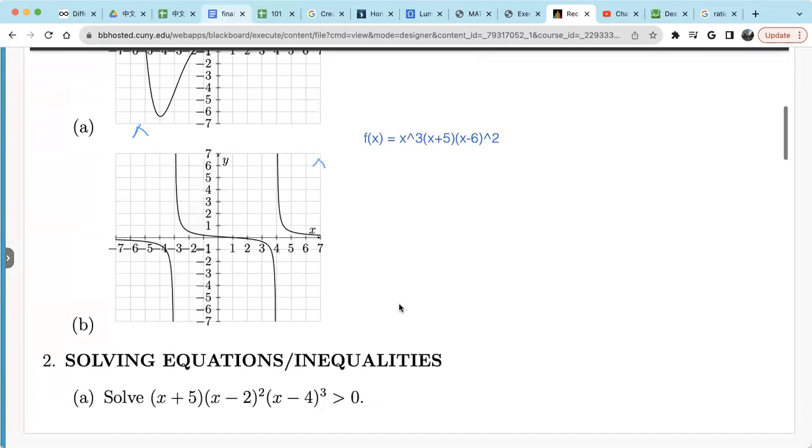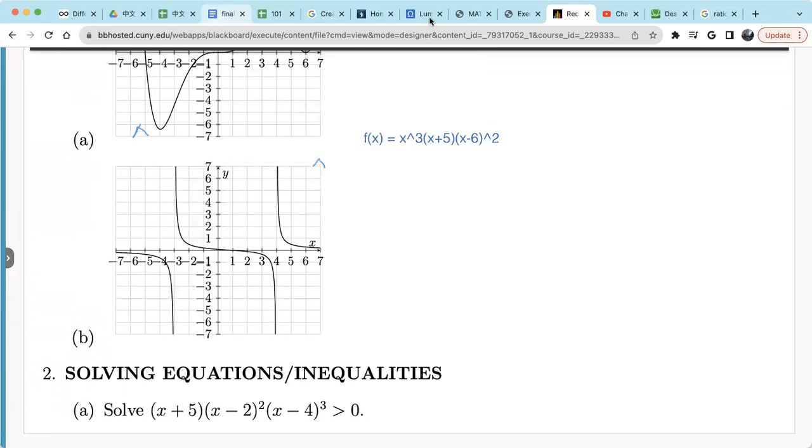For the second graph, okay, I'm going to erase all this. For the second one, we have a rational function, right? First we observe y equals 0, which means the x-axis is a horizontal asymptote.